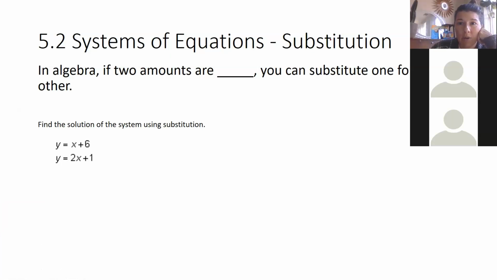Okay, so we are going to now do this process algebraically using substitution. So in algebra, if 2 amounts are equal, you can substitute one for the other.